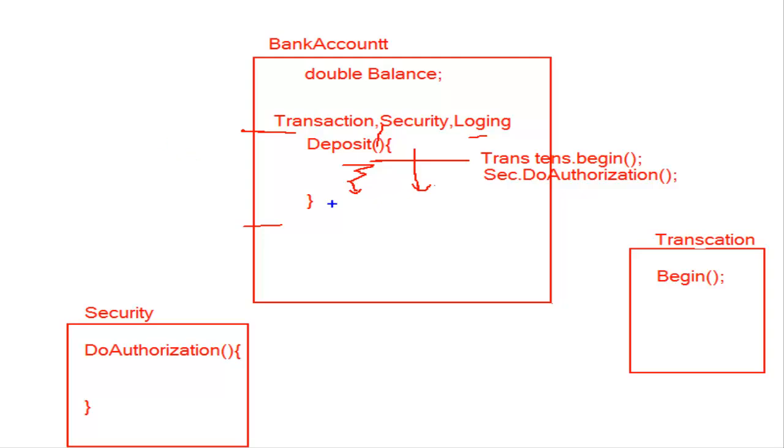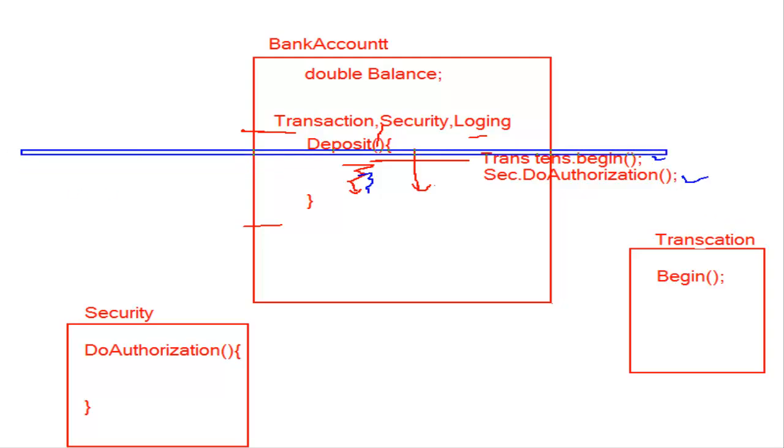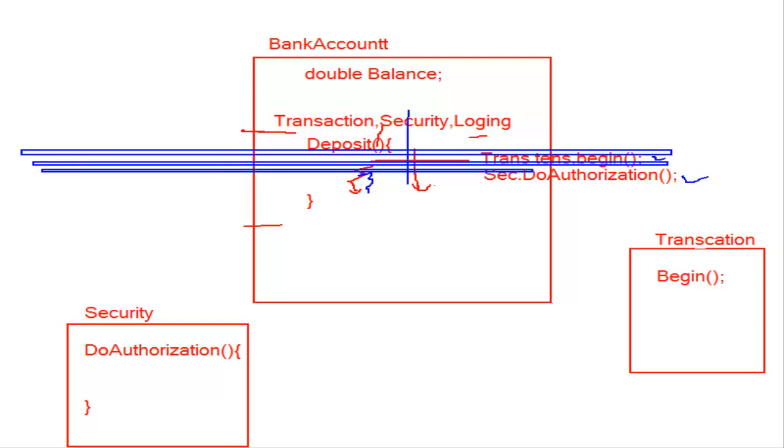So you notice that before doing the transaction, this is your original code. You have to call the begin transaction, do authorization, begin logging, and so on. What are all these things? All of them are nothing but cross-cutting concerns. These are something that you have to pass in order to perform your business logic.